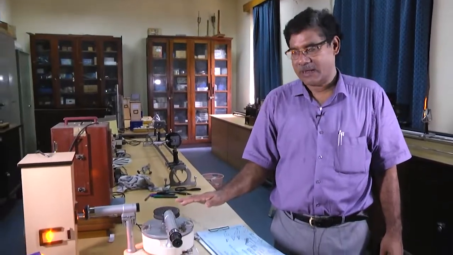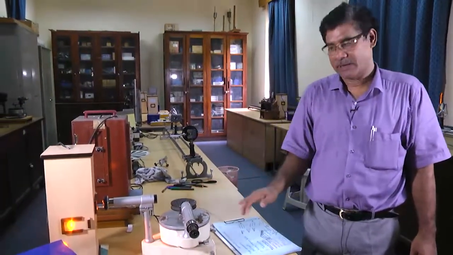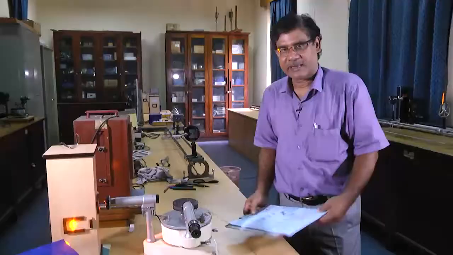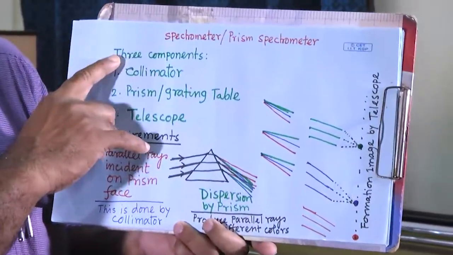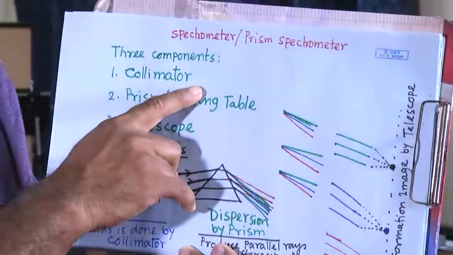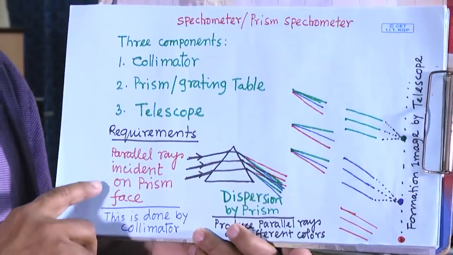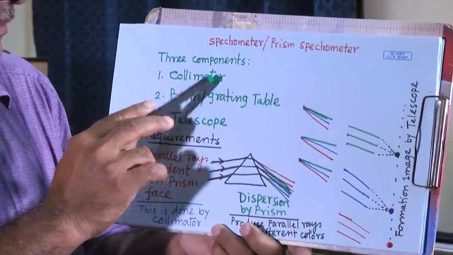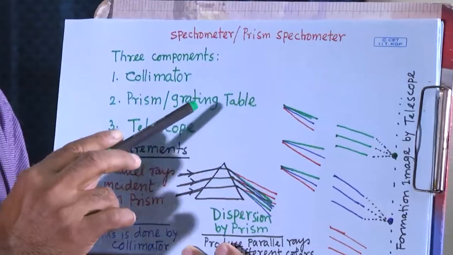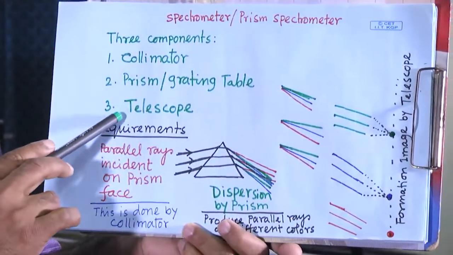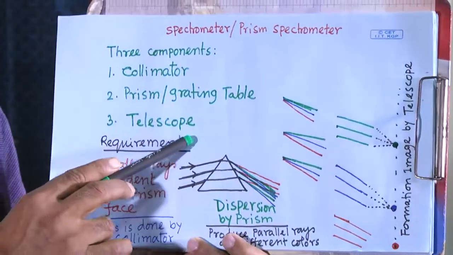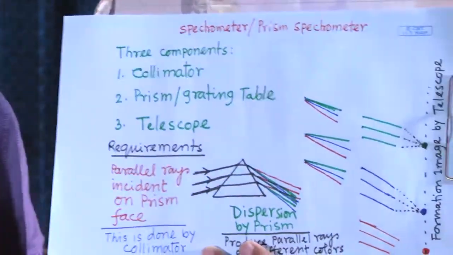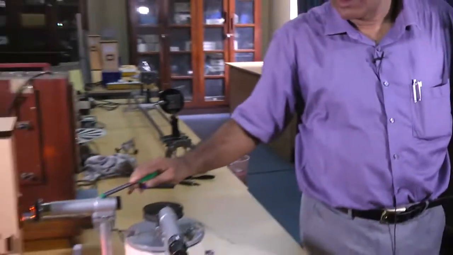In the last class I showed you the prism spectrometer. As I showed, there are three main components in this spectrometer: the collimator, the prism table or grating table, and the telescope.